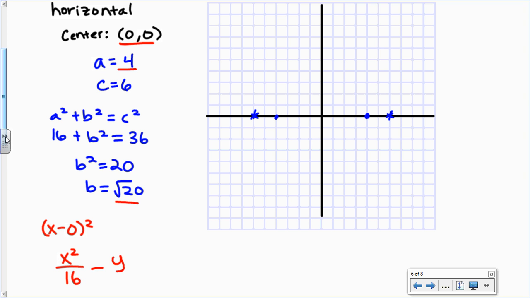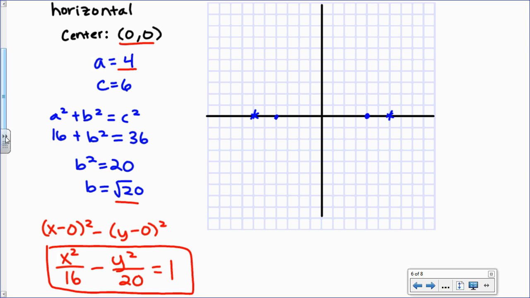So the x needs to be positive. So that's y minus 0 squared, which is just y squared, over b squared, which is 20, and then equals 1. Okay? All right.